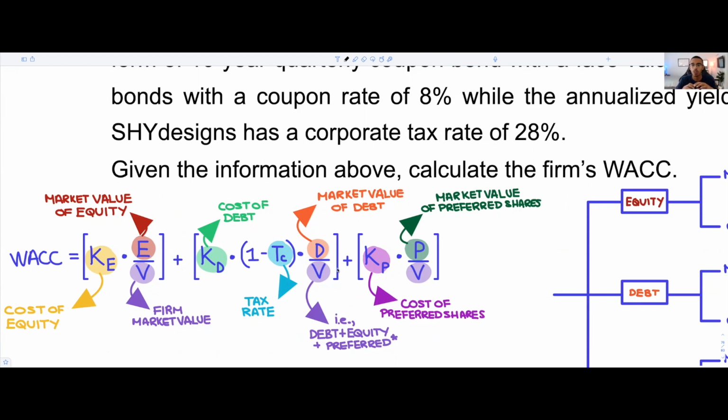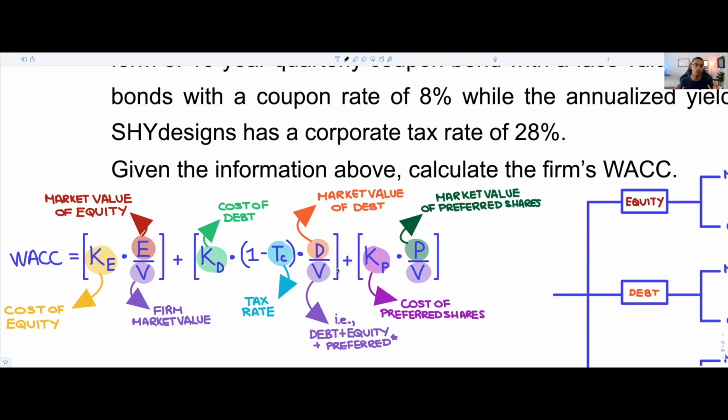And also, from the total entire value of the firm, what portion is allocated to our market value of preferred shares? So it's really the same idea, but we're just adding one added piece to our piece of the pie, right? Remember that pie that we divided between our equity and our debt? Well, now we're also injecting our preferred shares.